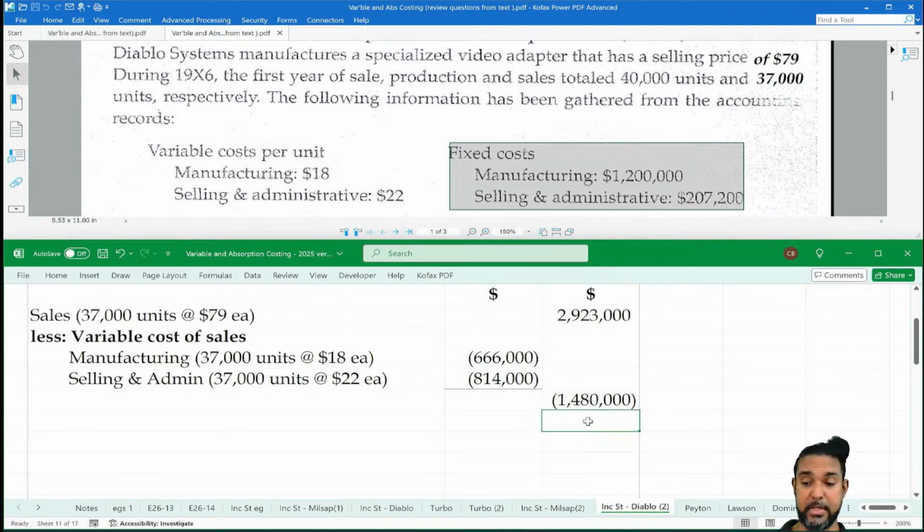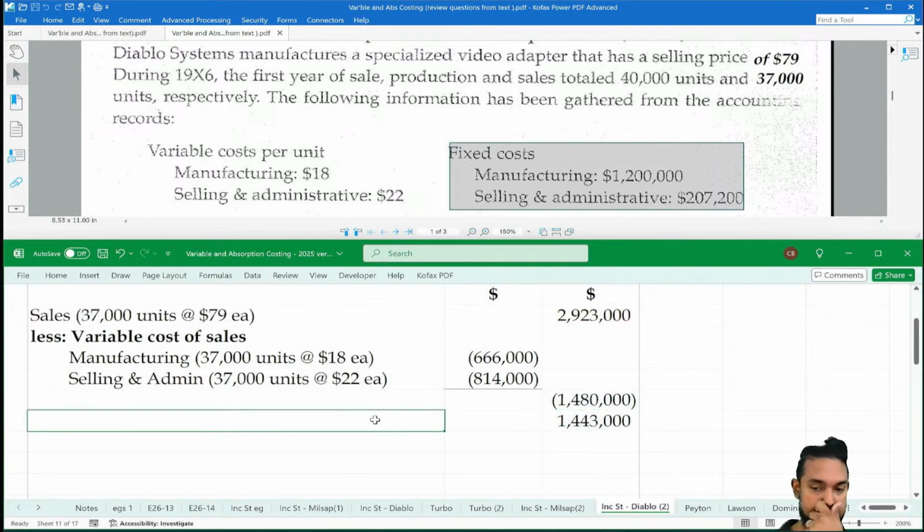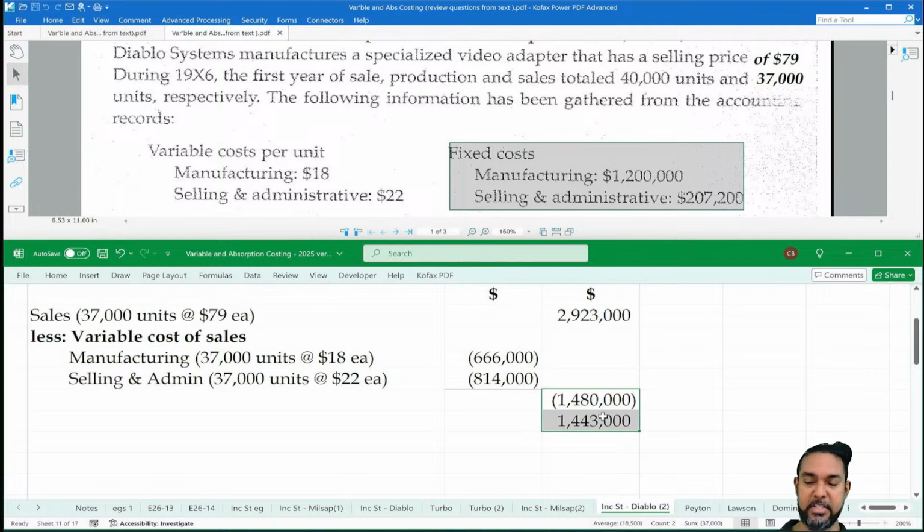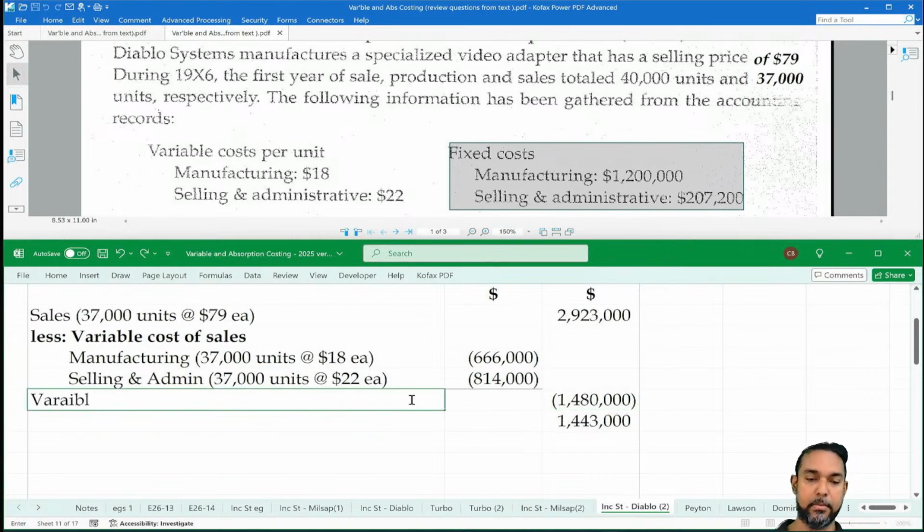And so I have 1480, which I'm subtracting from the 2923, and I get 1443. So it's almost even. As in like 1.4 million each side. There's like a little 40,000 differential here. All right. So that's the variable cost of sales, and then the contribution.